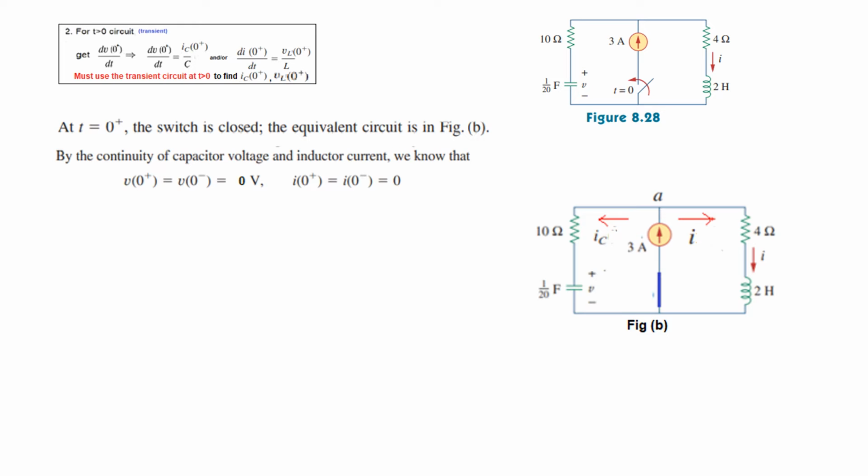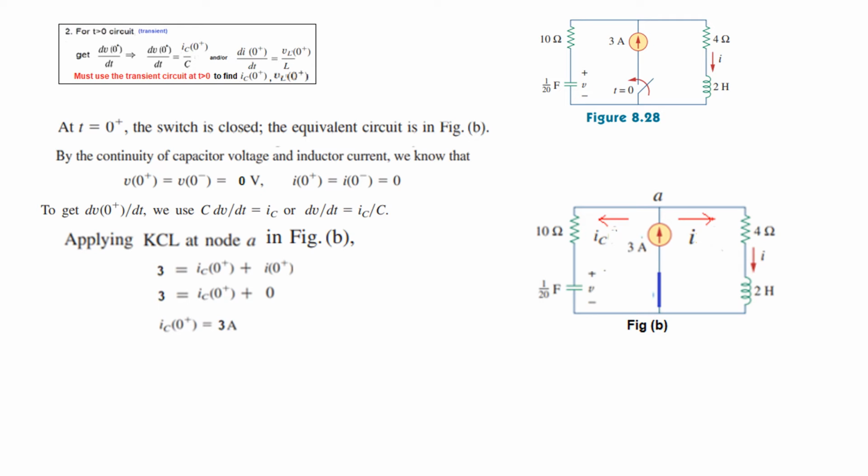So immediately after switching on, at t equal to 0 plus, the voltage will remain the same as it was at 0 minus. Therefore V0 plus will also be 0, and similarly the inductor current does not change instantaneously, so I0 plus is equal to I0 minus, which is 0.